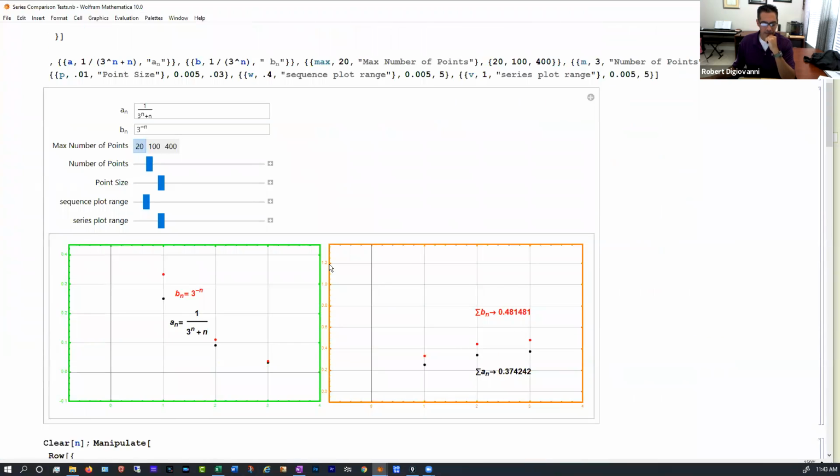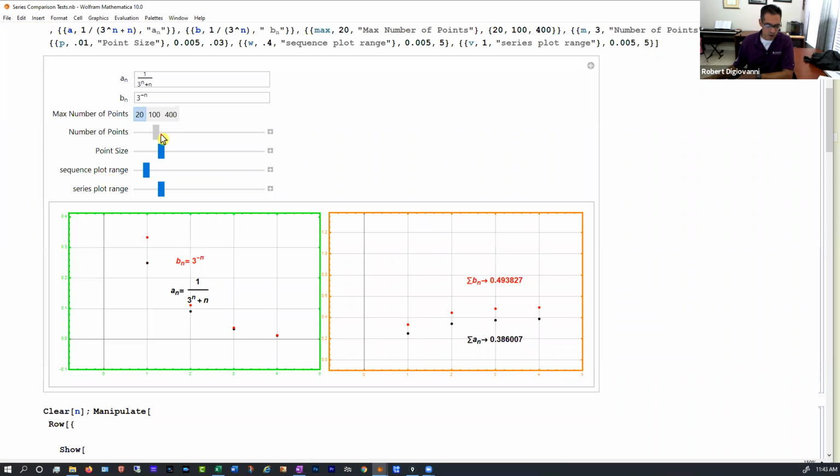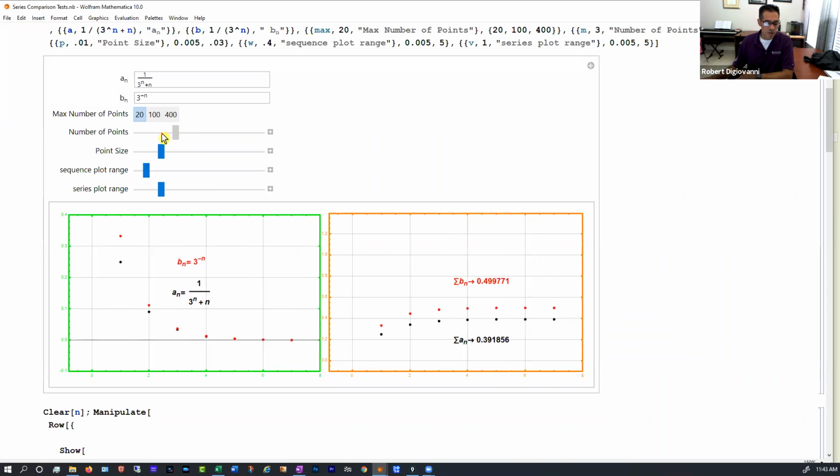So remember when I first started showing you these animations, the box on the left here is the sequence. It's just the dots that come off the sequence. And then the box on the right is the sum of the numbers within a sequence, right? So we would start looking at the sequence, and then this adds them up, and we try and see what this is going towards.